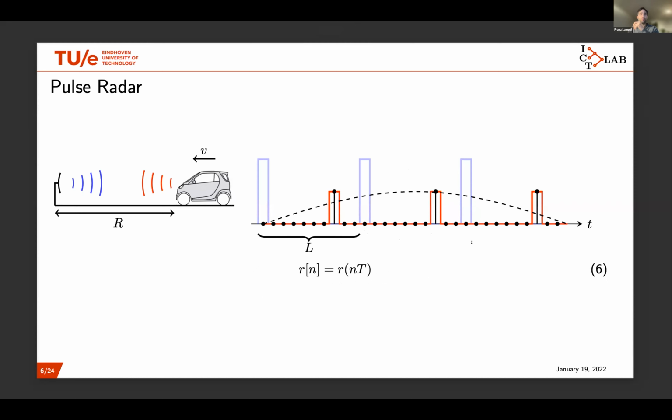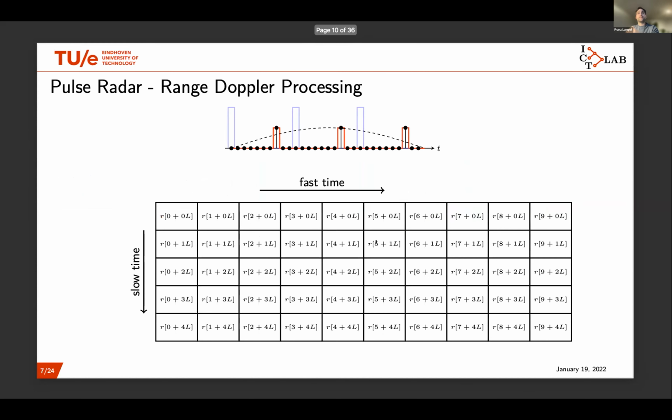At the receiver, we do not process the analog waveform. Instead, we sample the received signal. So in this case, we collect L samples between two consecutive pulses, and the processing is done in the discrete domain. And how does this processing look like? What you do is you arrange your samples in a two-dimensional grid.